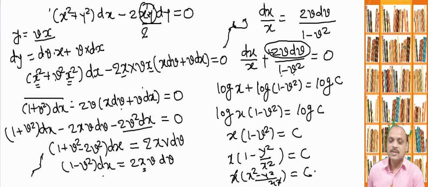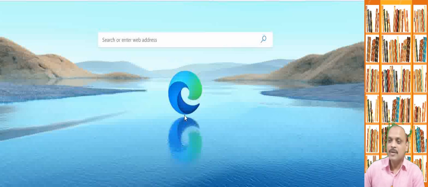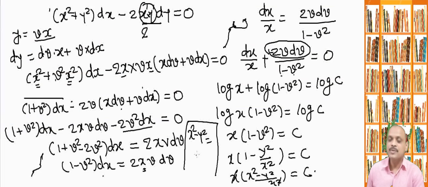So let me first clear this. Now you can see that the solution of this, I will write here, is x square minus y square equal to c into x.